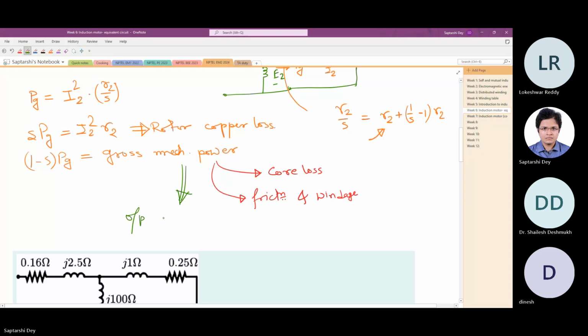This is the output mechanical power, which is also sometimes referred to as BHP, brake horsepower. This BHP is actually the rating of the motor.